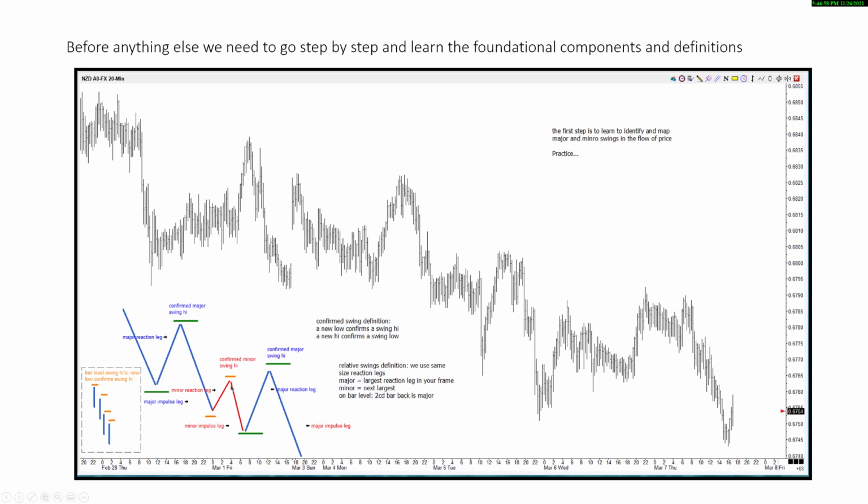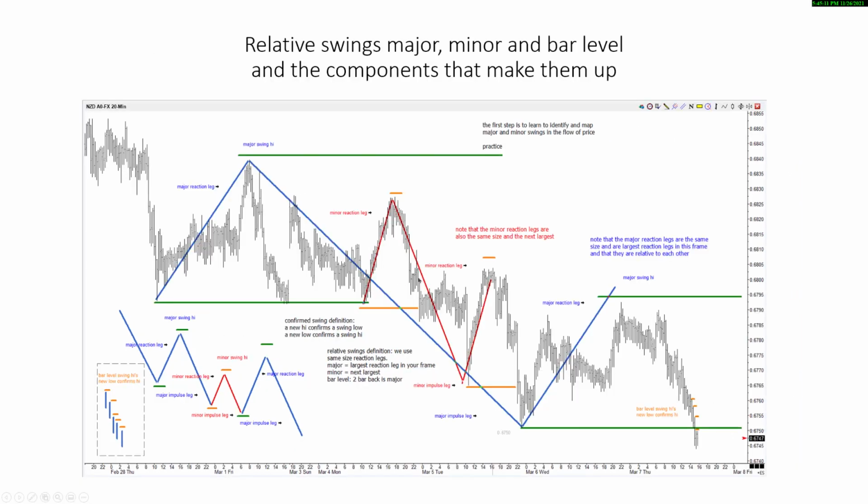Another principle when it comes to designing your own method would be to keep it as simple and focused as possible, and as objective as possible. The next slide just shows it mapped, and we go from here to here. Major, minor, it's the next biggest.